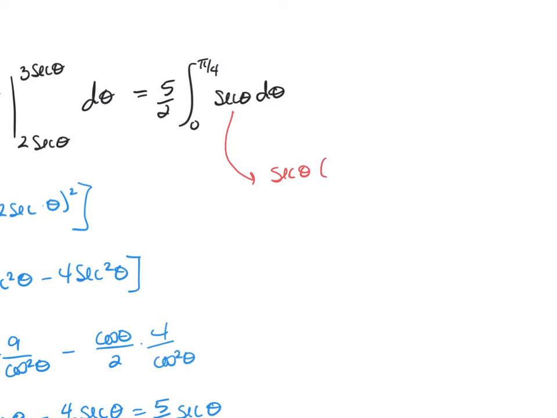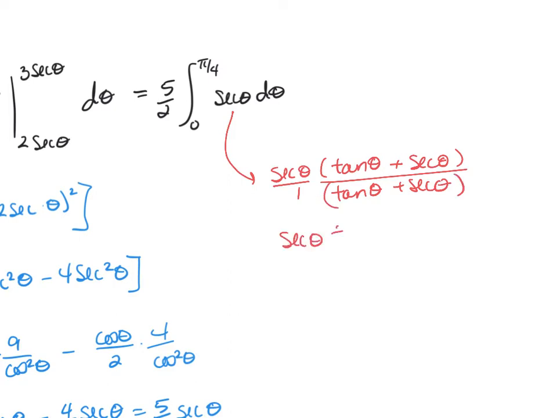If I write it over 1 and multiply it by the tangent of theta plus the secant of theta, divided by the tangent of theta plus the secant of theta, it is going to give me the secant theta tangent theta plus the secant squared of theta, and then in the denominator I have the tangent of theta plus the secant of theta.